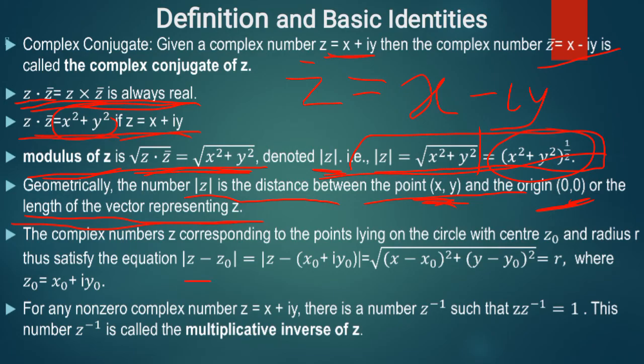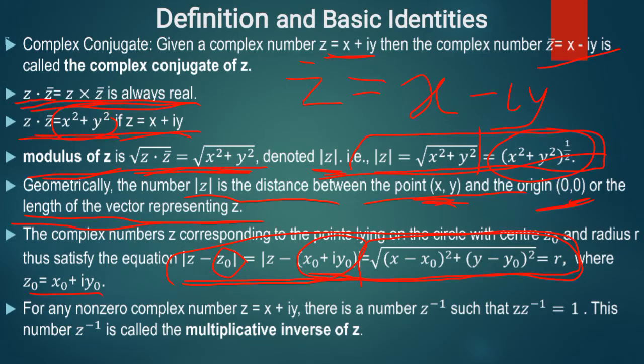So it always satisfies this equation here. This is practically the equation of the circle. Most times we want you to know up to this point, but note that z0 is the same as what you see in this bracket here. z0 is just x0 plus iy0. That's why I've written it there, where z0 is equal to x0 plus iy0.